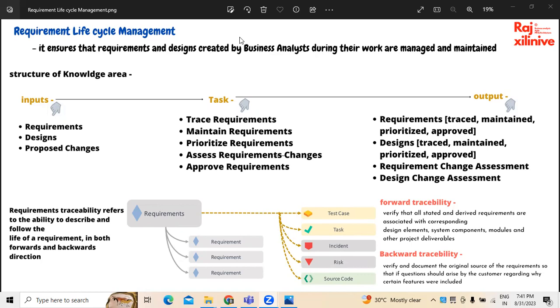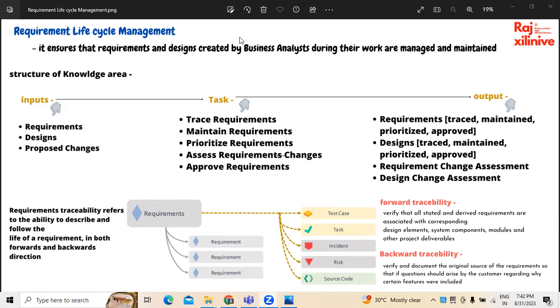In requirement lifecycle management, the complete requirements relating to a particular project, whatever the project we do, everything will be discussed under requirement lifecycle management. There are different tasks we have to perform as a BA, and not alone, there will be other people as well.